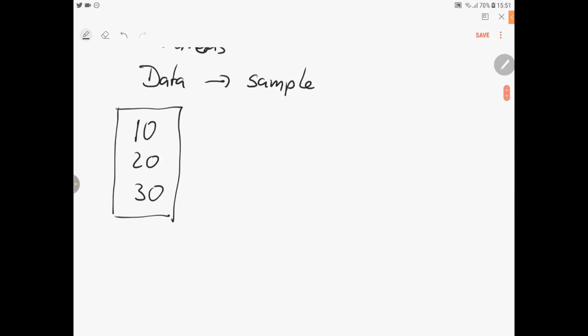Now we would like to analyze these data and summarize the data. And what we then will do is we use this data and treat it as a population.